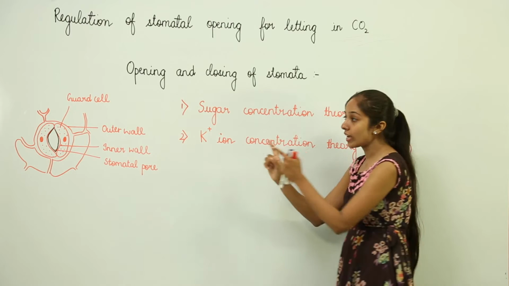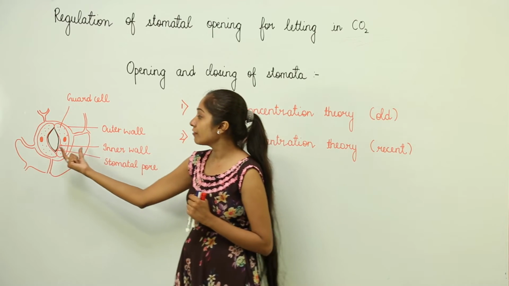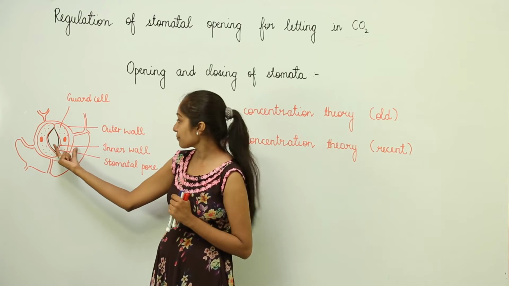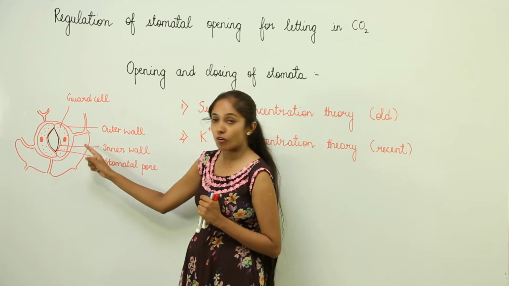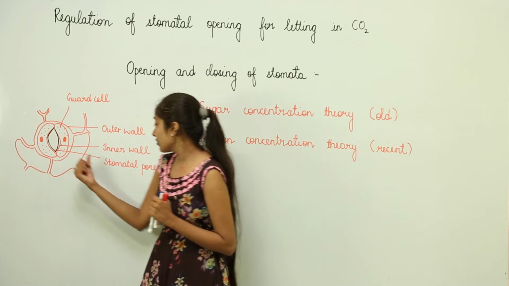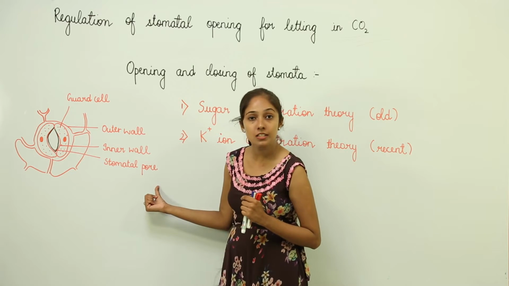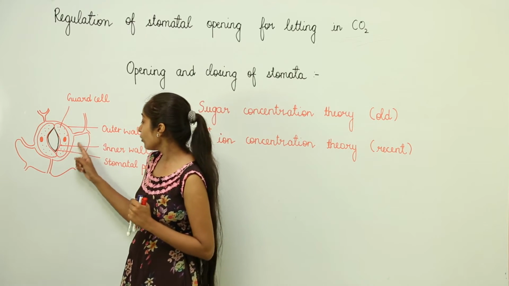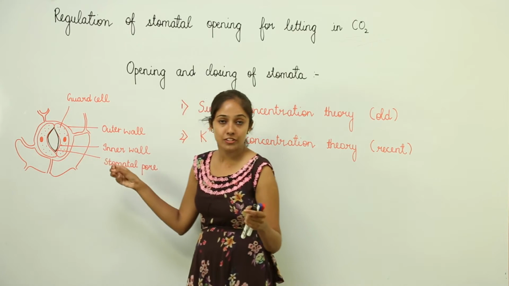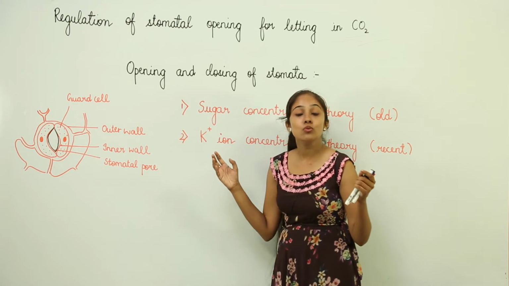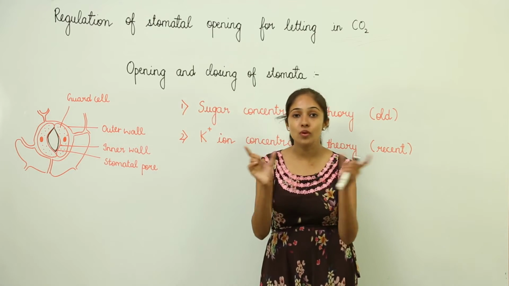Before that, just look at the structure of stomata. In case of stomata, we have a pair of guard cells. They have a thick inner wall and a thin outer wall, and in the center we have a stomatal pore. Now, if there is hypertonic situation, the water is going to enter inside the guard cells, due to which the guard cells are going to swell up.